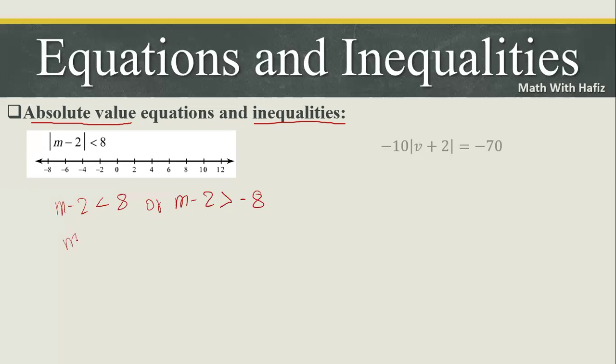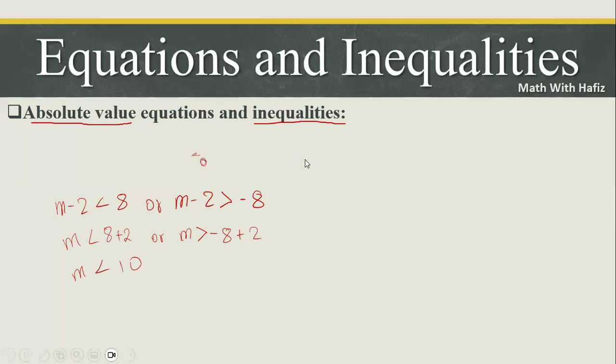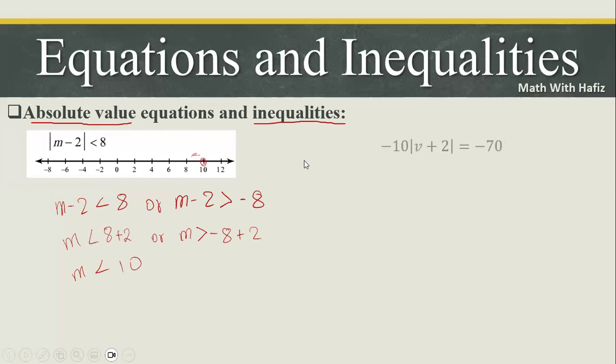So m will be less than 8 plus 2, or m will be greater than negative 8 plus 2, which means the value of m is less than 10, and greater than negative 6. Starting from 10, which is not included, all the values go to the left side, but until when? Until you reach the other value, which is m greater than negative 6.